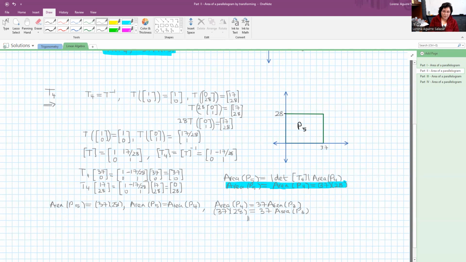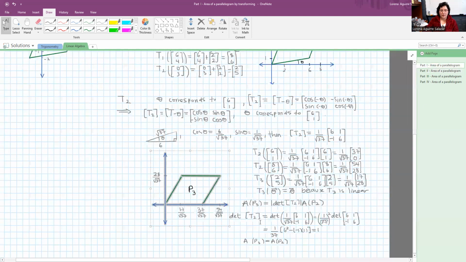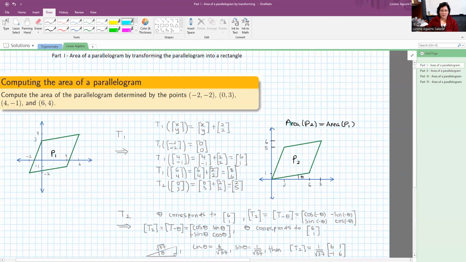Then the area of P3 is 28. So we're going backwards. Now, the area of P3 is the same as the area of P2. And the area of P2 is the same as the area of P1.